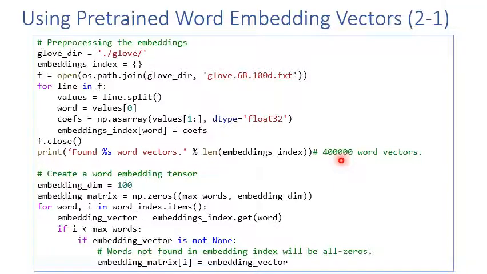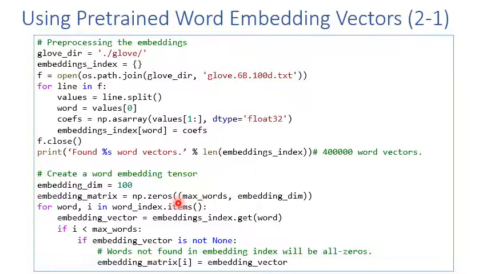So you can see that this dataset is much bigger than our previous small model, and it has been trained on 6 billion words, so it is very effective and not overfitting. We define the embedding dimension, which is 100, and then we create an embedding matrix to save the weights or coefficients downloaded from the web.